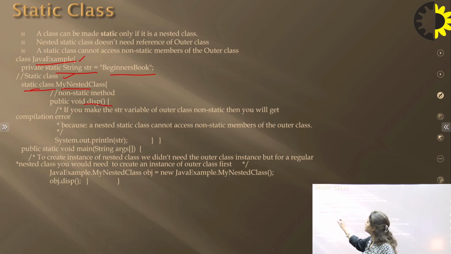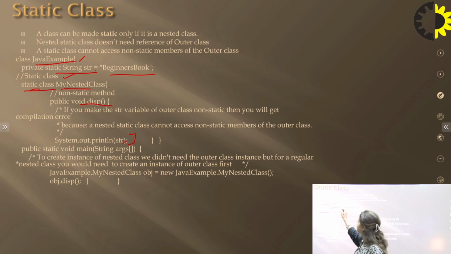Once we have created this static class, we have created one function inside it named display. Then we have printed this string str. Now why are we printing this str inside our static class?